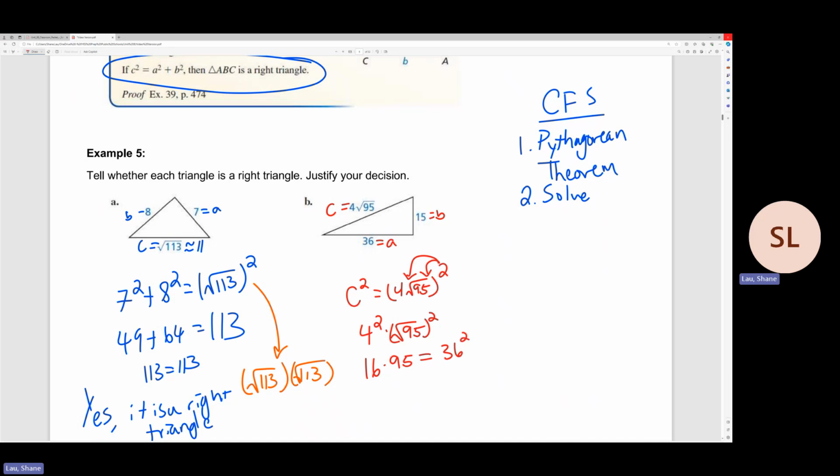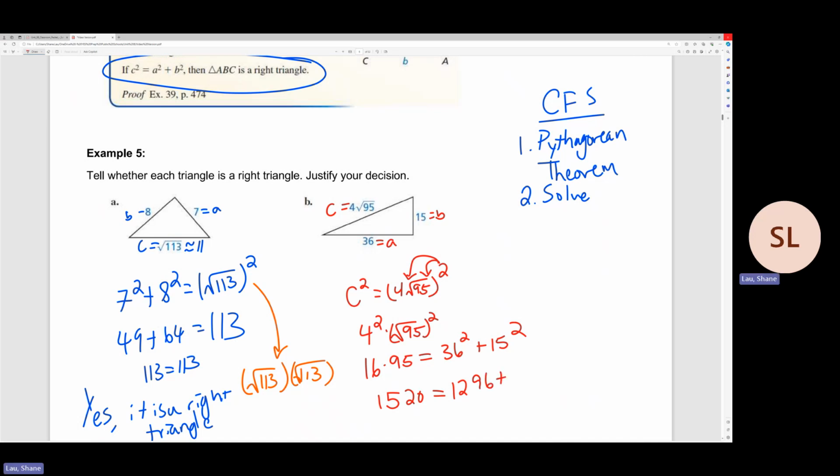So 36 squared, 15 squared, and 16 times 95 is going to give us, let me make sure it's correct in my notes, 1520. 36 squared is 1,296, I believe.